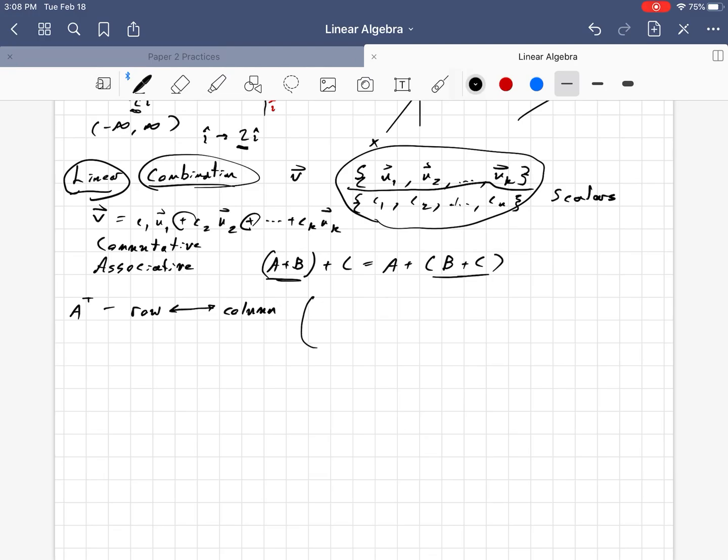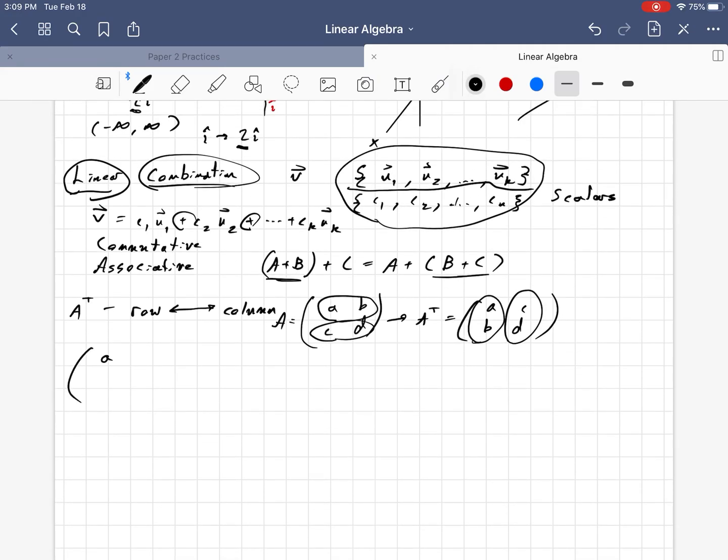So, for example, if I have the matrix A, B, C, D, and let's call that matrix A, then the transposition matrix is A, B, C, D. This row here now became a column here, and this row now became a column here. Another way you can think of transposition is, let's say we have the original matrix.